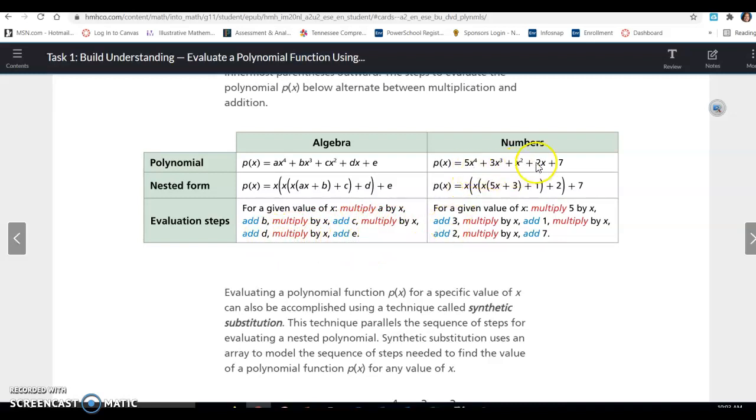And you can see they did the same thing over here, just using numbers. So it's got the 5x plus 3 in the middle, and then it's got the x plus 1. When there's no coefficient there, it's a 1. And then the x plus 2 and the x plus 7 on the outside layer.